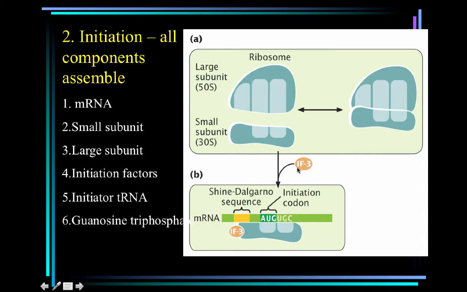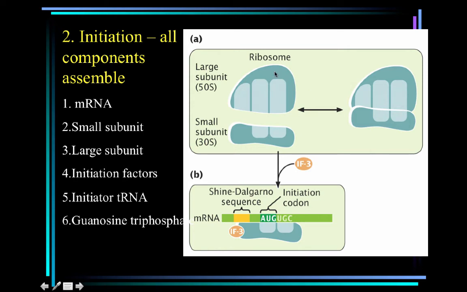Those are labeled as IF3s here, and there's more of them depending on if we're talking about bacterial species or eukaryotic species. We've got our initiator transfer RNA that was just charged in the first step, and then we have guanine triphosphate, which is going to be our energy. So when all of these components come together, they're going to assemble on this ribosome.